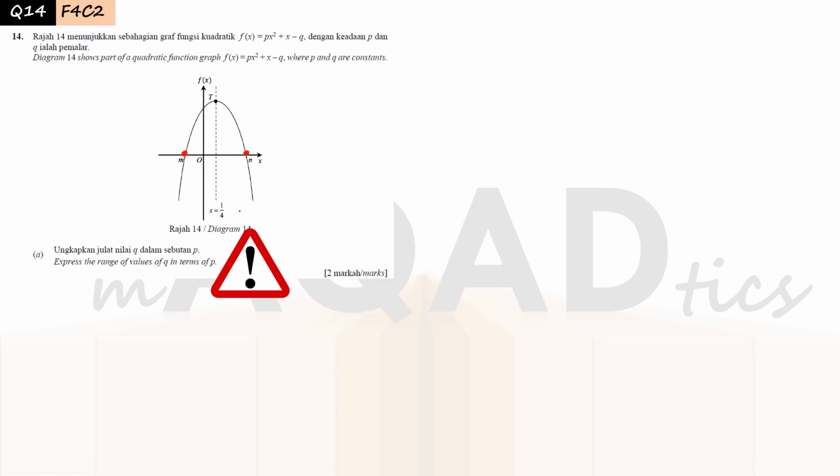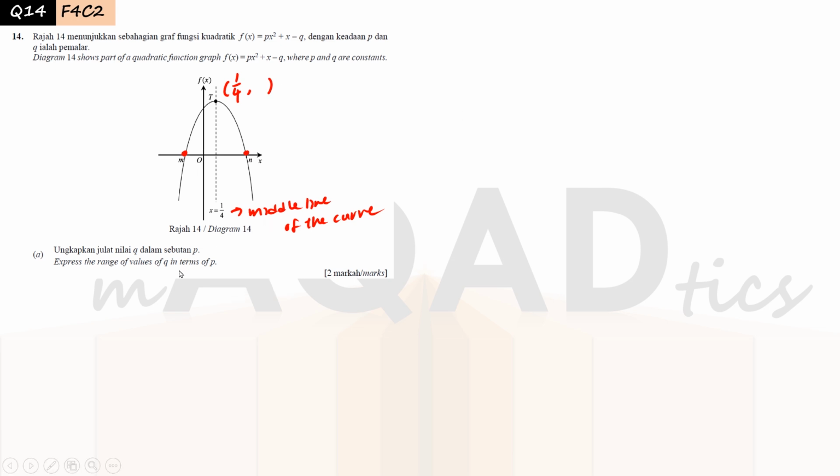Again, the axis of symmetry is the middle line of the curve. This axis of symmetry provides the x coordinate of the maximum point, so the x coordinate of the maximum point is 1 over 4.